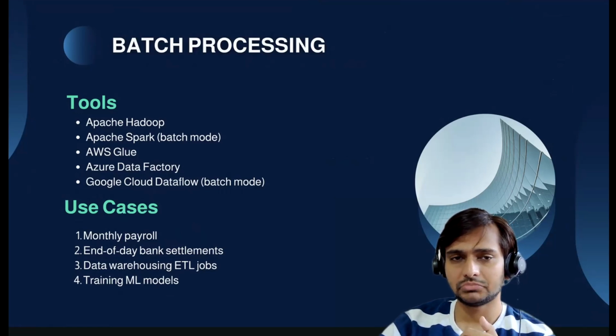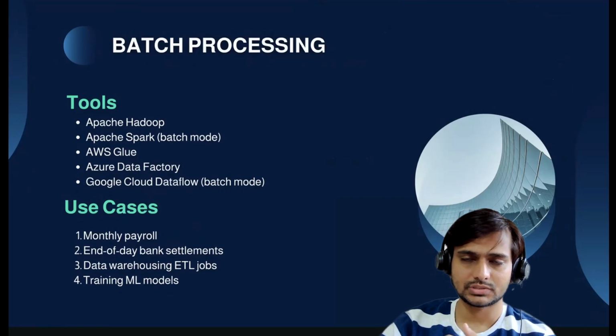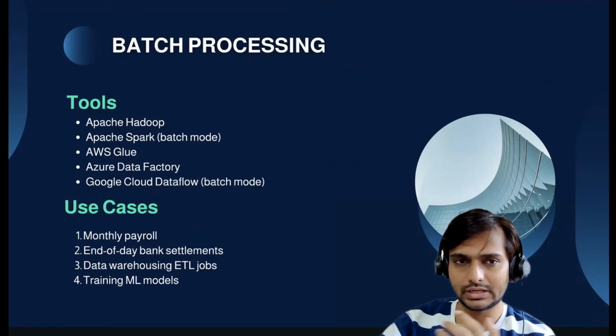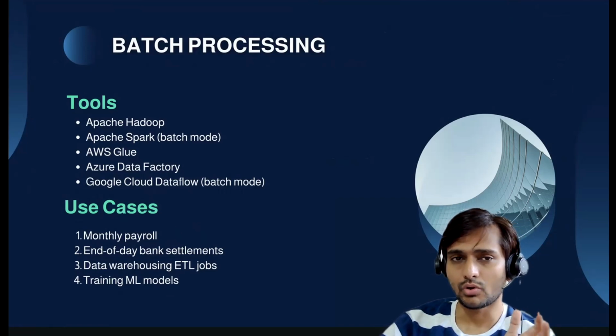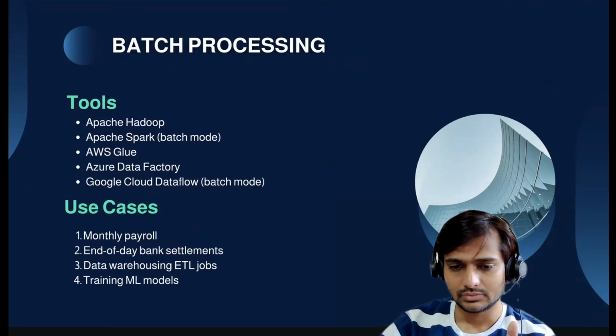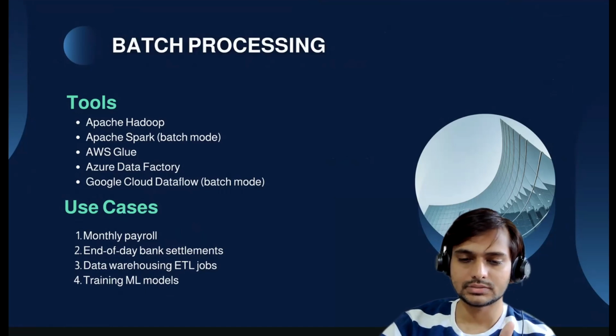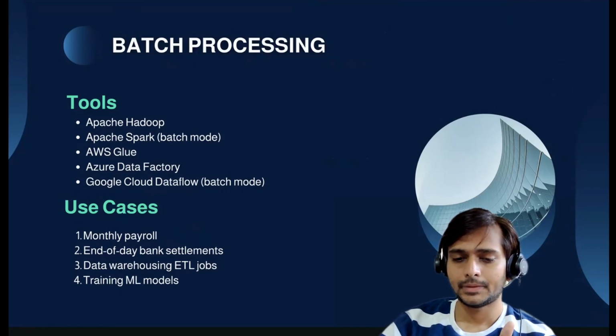I think around 80 to 90% of data engineers will be aware of what Spark is and why exactly we are using it. Apache Spark is the most widely used tool for processing data, and when it comes to batch processing, right?